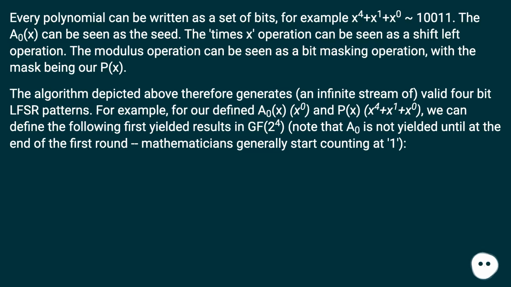For example, for our defined a0(x) = x^0 and p(x) = x^4 + x^1 + x^0, we can define the following first yielded results in GF(2^4). Note that a0 is not yielded until at the end of the first round. Mathematicians generally start counting at 1.